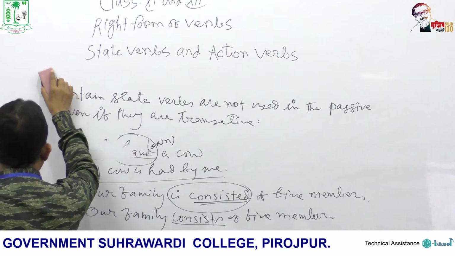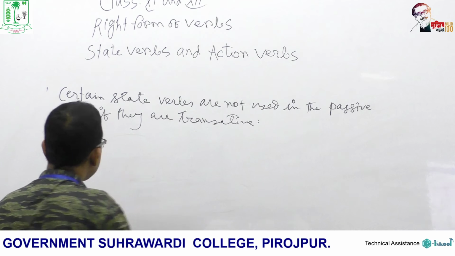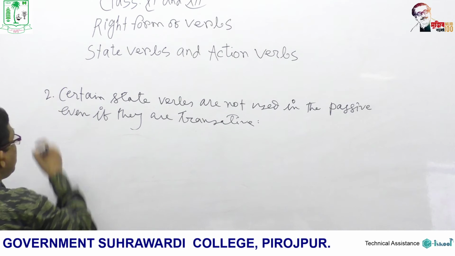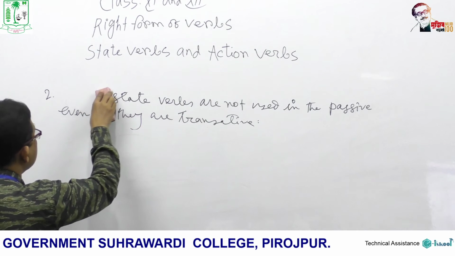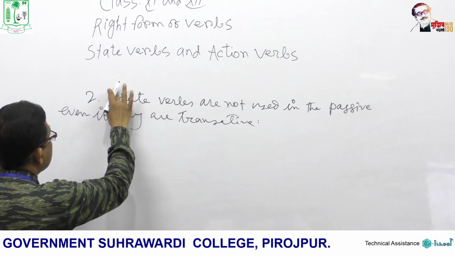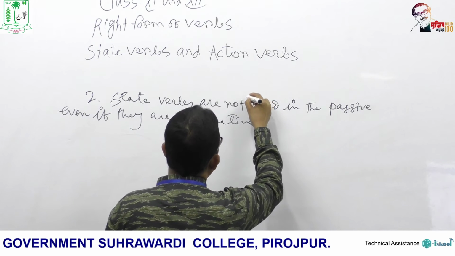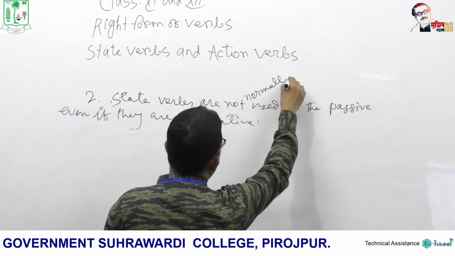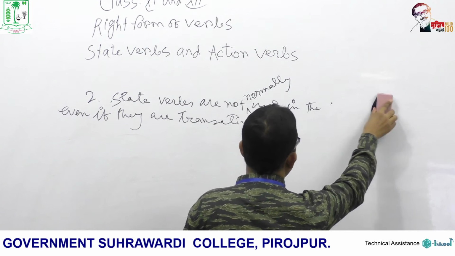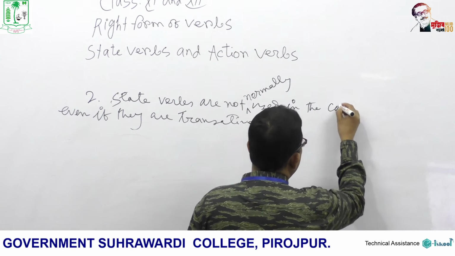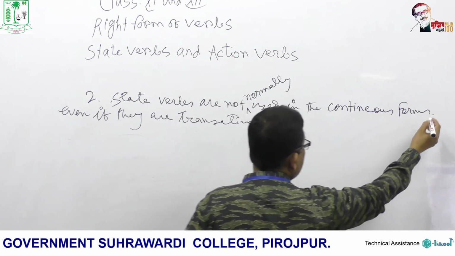And feature number 2 of state verbs: state verbs are not normally used in the continuous form. This is feature number 2.